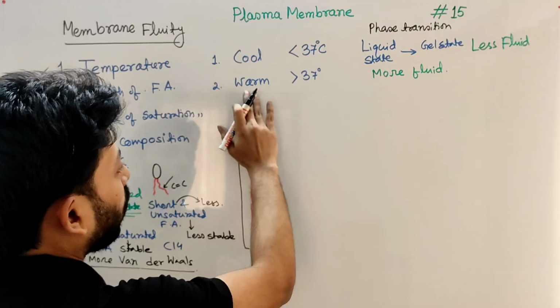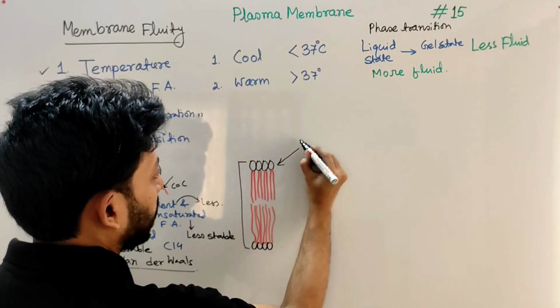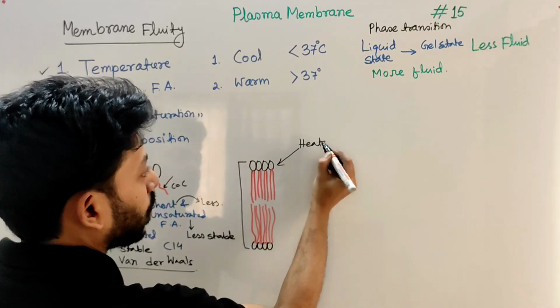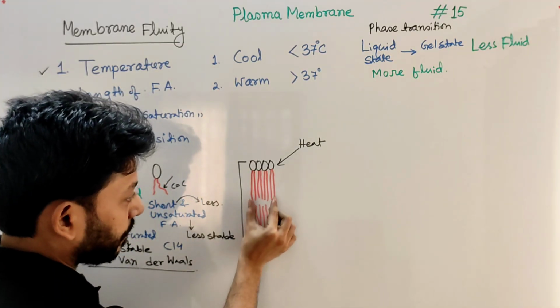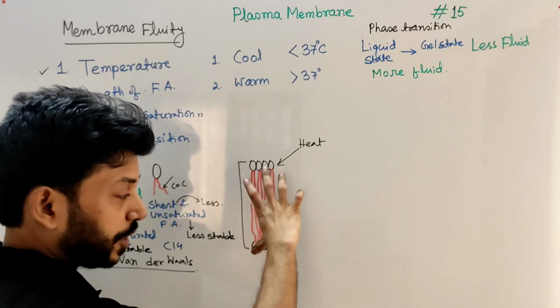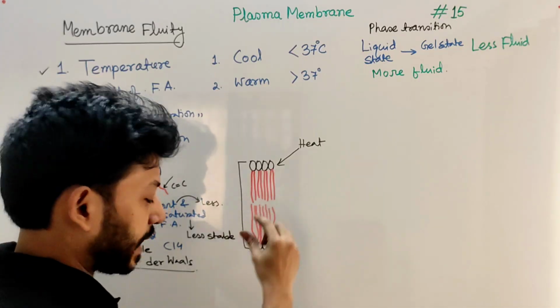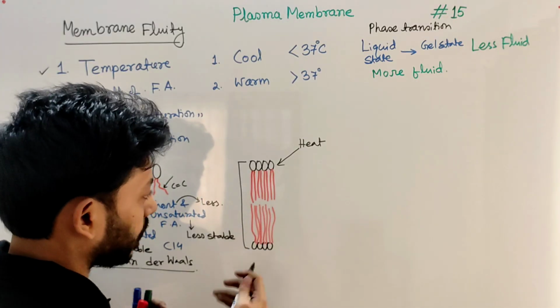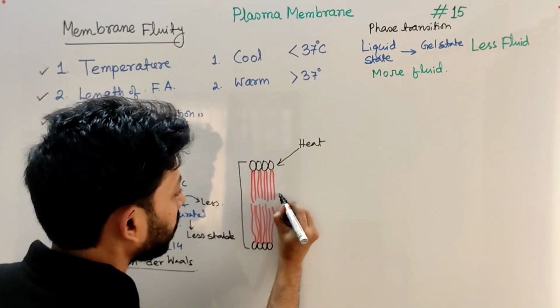Now if we warm or put heat on this bilayer, what will happen here? As you can see, the long and saturated fatty acids of those lipids make little overlap.